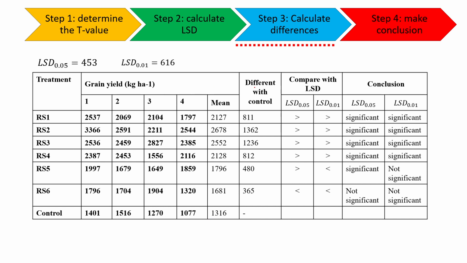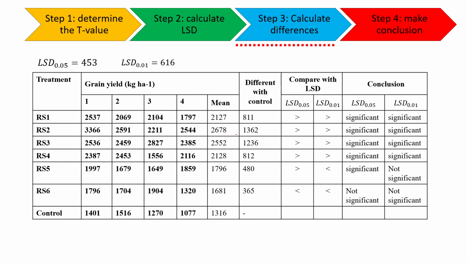And then calculate the difference with control. How do you calculate the difference with control? For RS1, 2127 minus the mean of control, 1316, and you get 811.